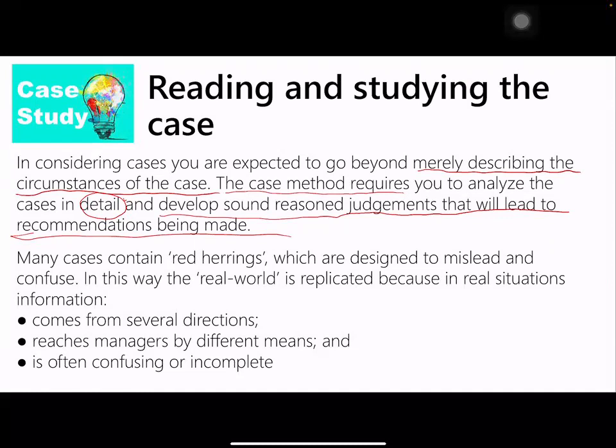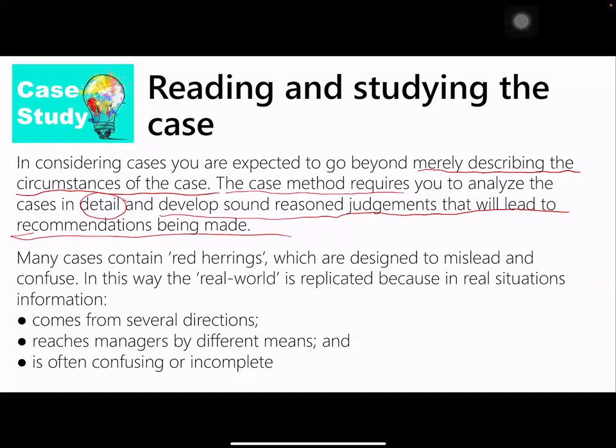So a manager has to make sense of the information and discern the important or urgent from the less important or less urgent. In analyzing a case, it is important to ask what the central issues are, so you should make sure that you point out the central issues in your case study.